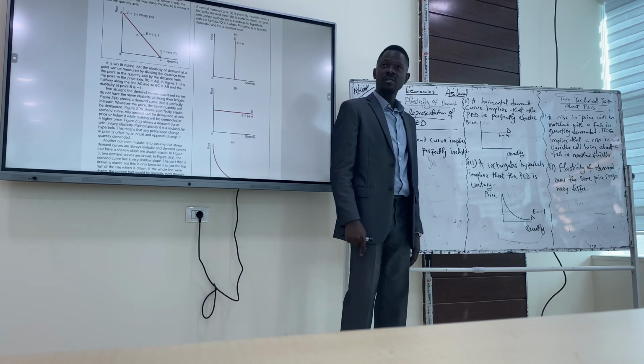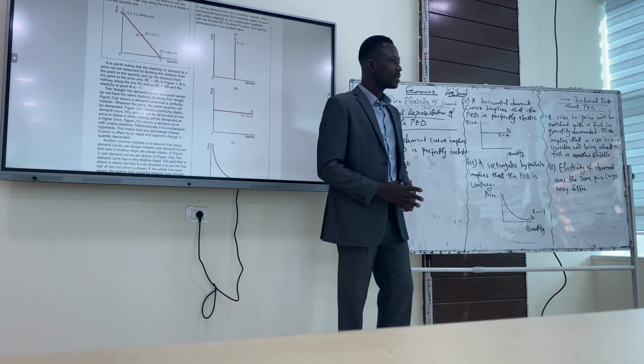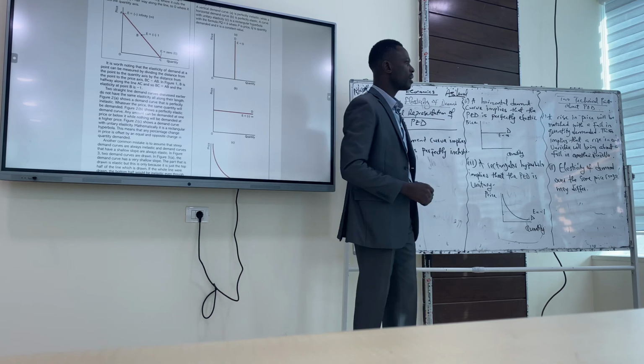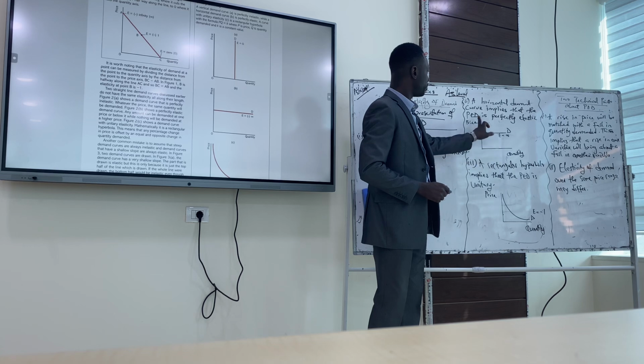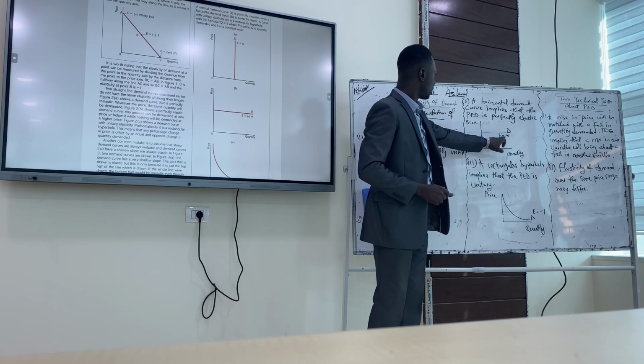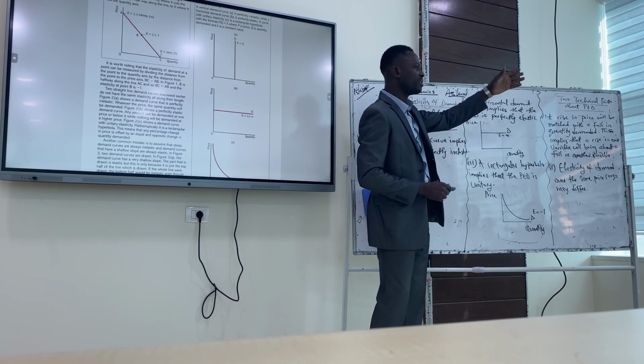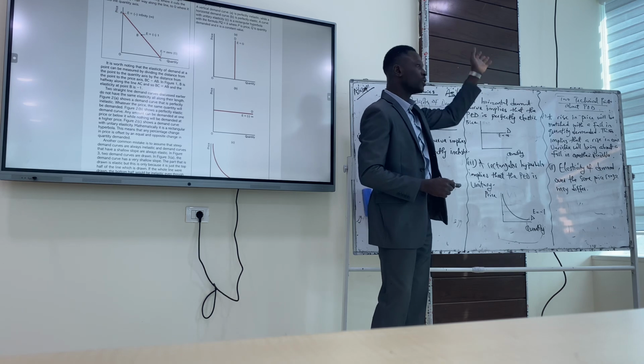Any question about that? Yes, please. What do you mean by infinity? Is it the demand or price or PED? No, infinity means numbers like 7, 8, 100, to infinity, any number.